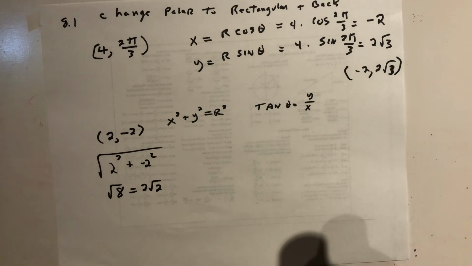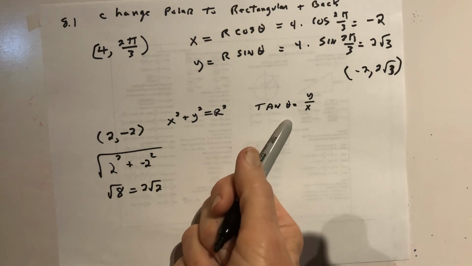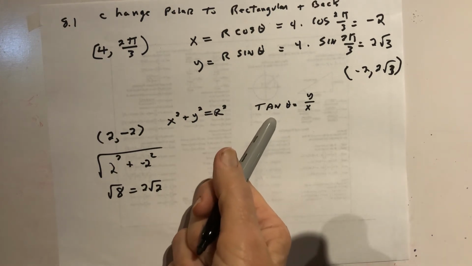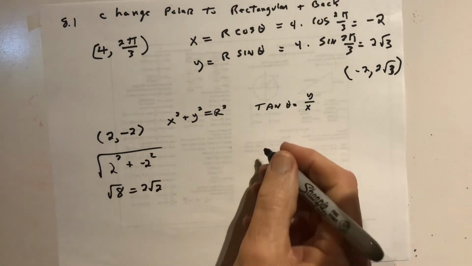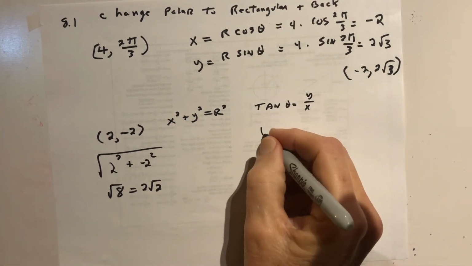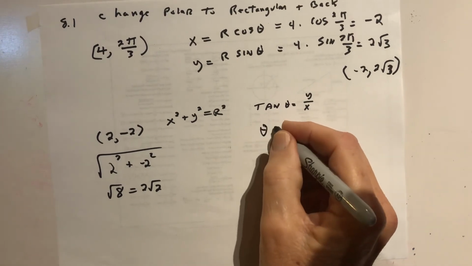All right. That's the distance we go. Now let's find the angle. To find the angle, the tangent of the angle is y over x. Gotta remember, y goes on top. So to find the angle, it's the arctangent.